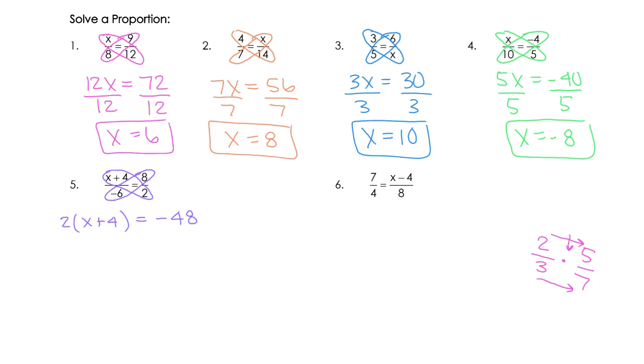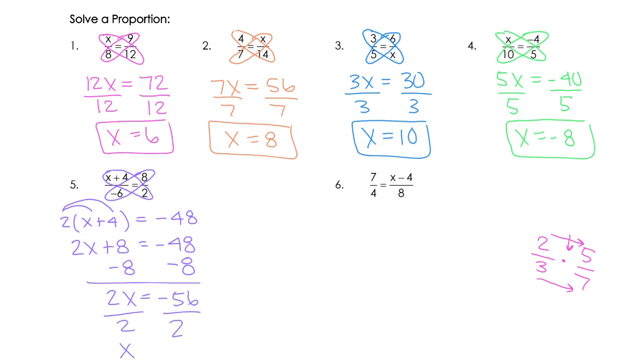Now we have a few more steps we have to take care of here. So then I have 2 times x and 2 times 4 would give me 2x plus 8 equals -48. Then I would subtract 8 from both sides, and we have 2x equals -56. Divide both sides by 2, and x equals -28 for our final answer.